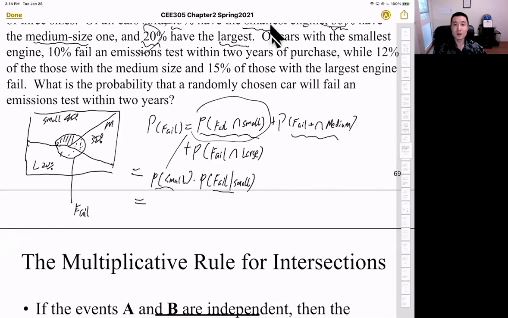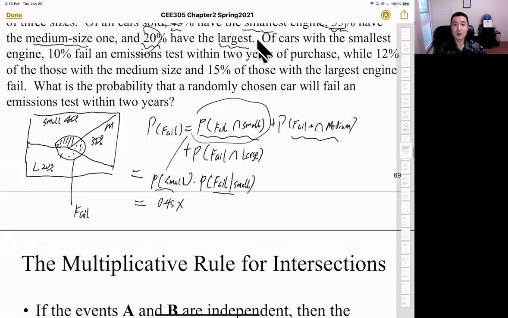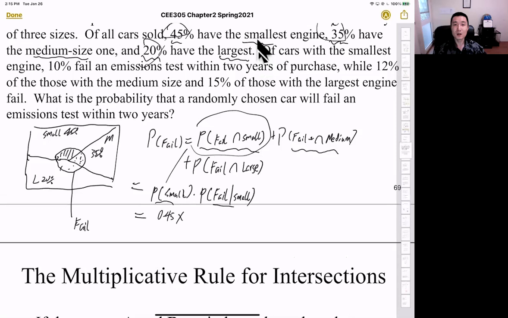Okay, so 45% of the engines are small, so that's 0.45 times the probability the engine fail when the engine size is small. Okay, that is 10%, 0.1.